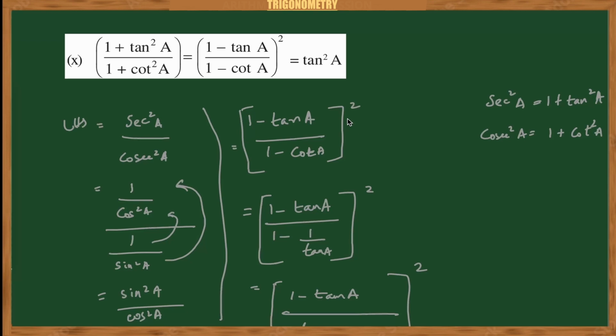You also need to know the reciprocal of sine, the reciprocal of cos, and that tan is sine by cos. The reason is you want to replace and simplify in terms of sine and cos. So remember these formulas when you're solving trigonometry questions.